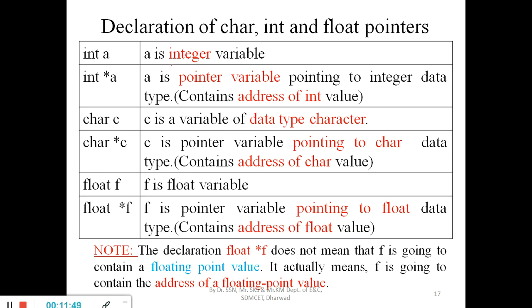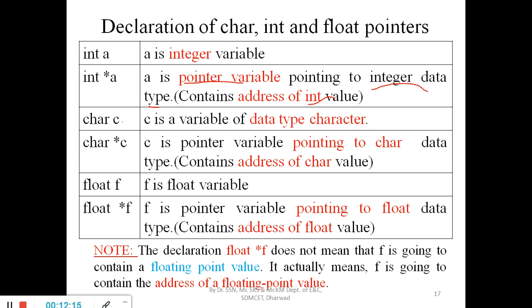So int a is an integer variable. int star a is nothing but a is a pointer variable pointing to an integer data type. That is very important, which means that a is a pointer variable which holds the address of the integer value.